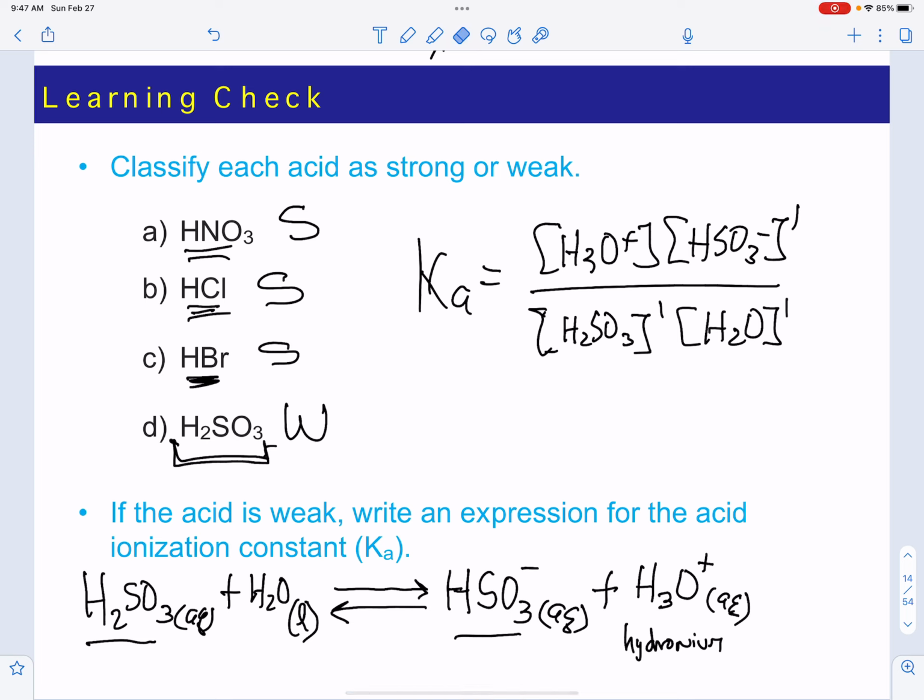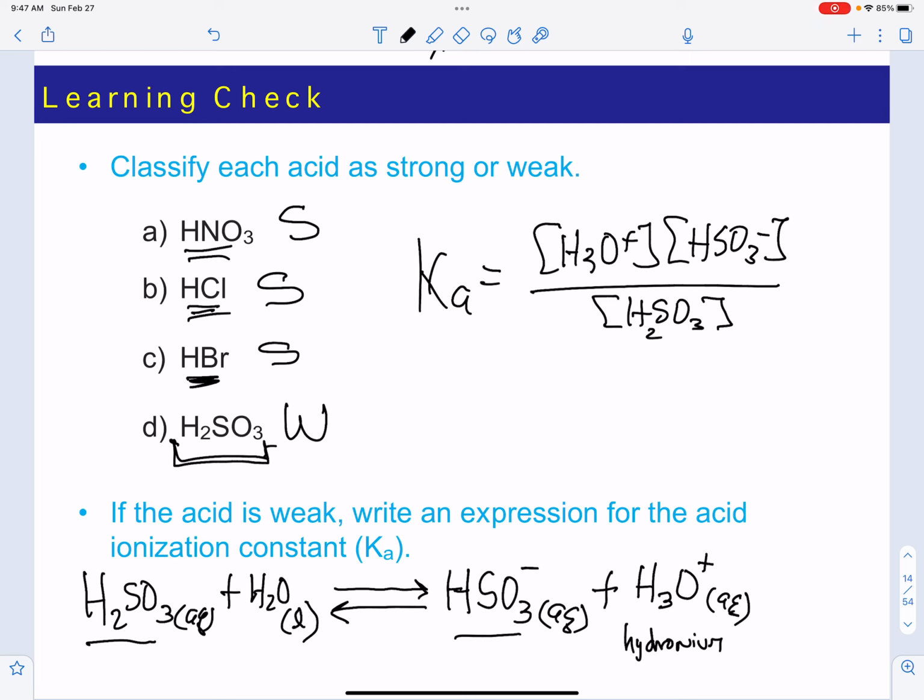We never put the to the first, so let's take it out. And you learned in chapter 16 that the equilibrium constant does not include solids or liquids. So the water doesn't go there. If the water was being created, like there's no water and you're creating the water, then in that case you have to put it there. And we're going to talk later about why we do that. And that's how we do the ionization constant or the equilibrium constant.